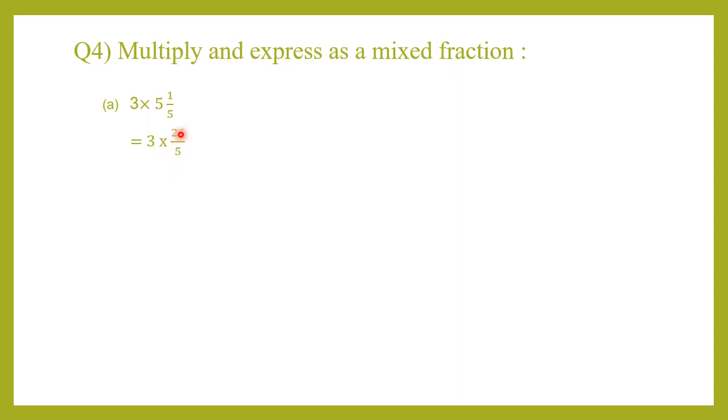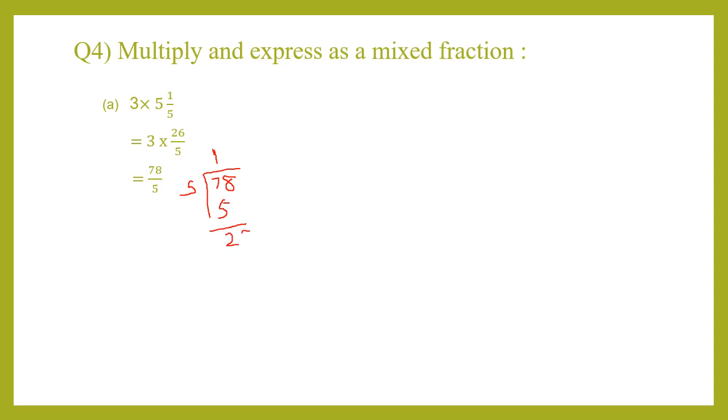Now one whole number, one numerator, both you have to multiply. 26 multiplied by 3, that is 78 upon 5. Now you have to convert to a mixed fraction because it is an improper fraction. So 78 divided by 5. 5 ones are 5. 7 minus 5, that is 2.